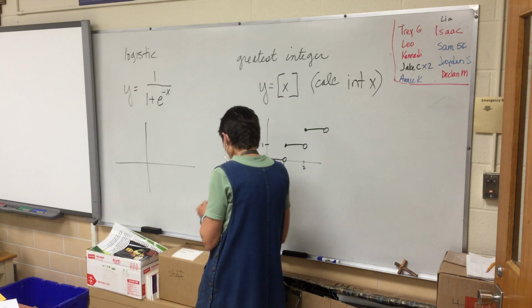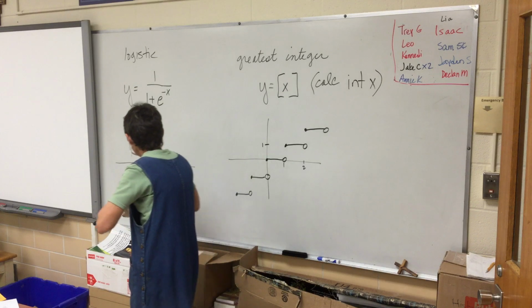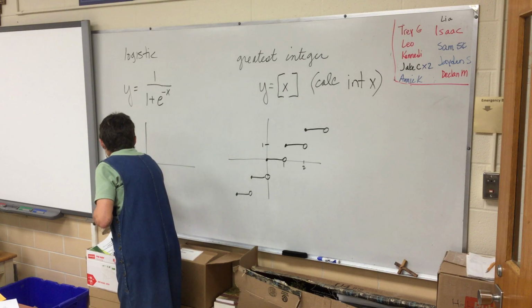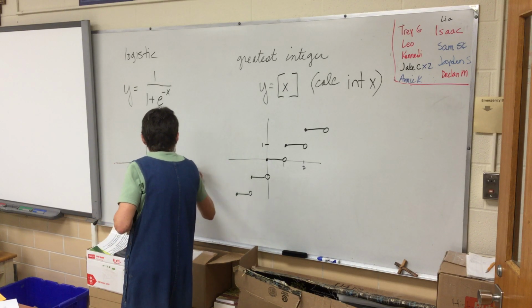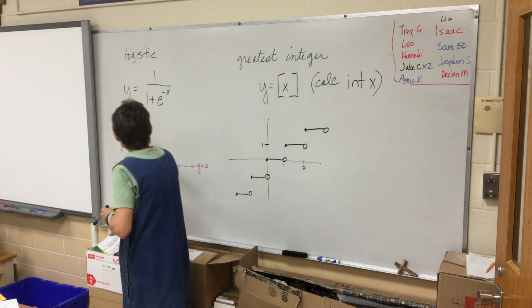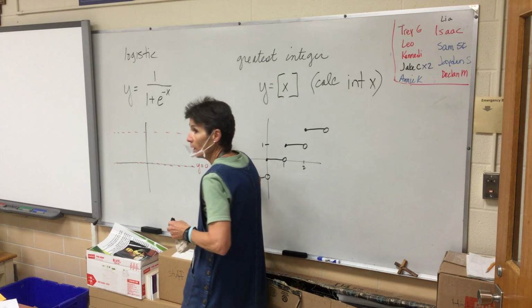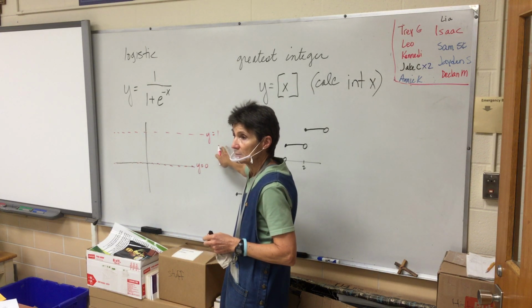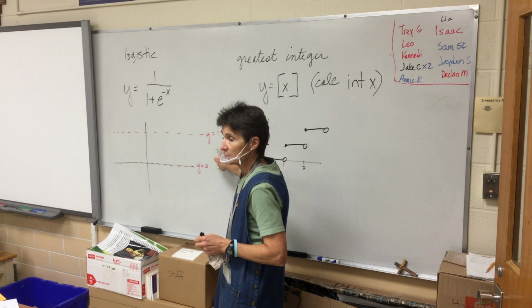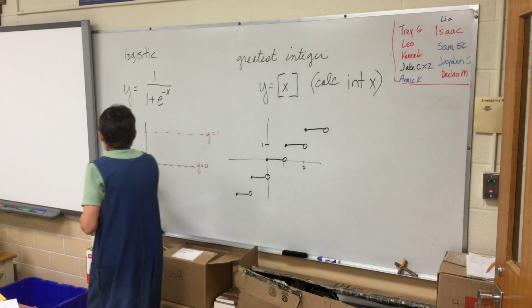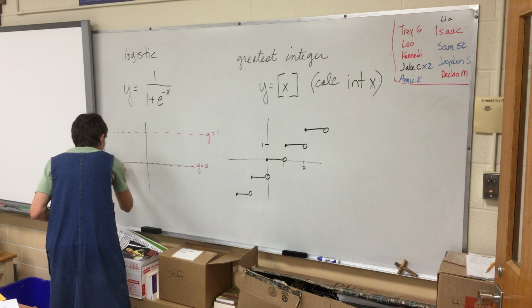This one has 2 asymptotes. One is at 0, and one is at 1. And then the curve is a squiggle in between.